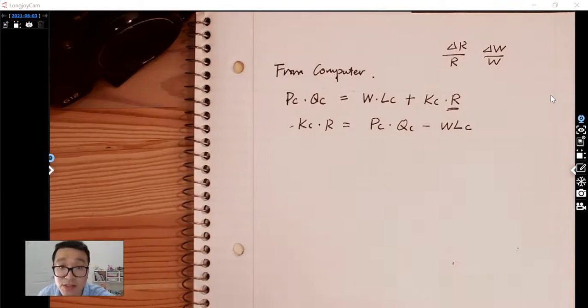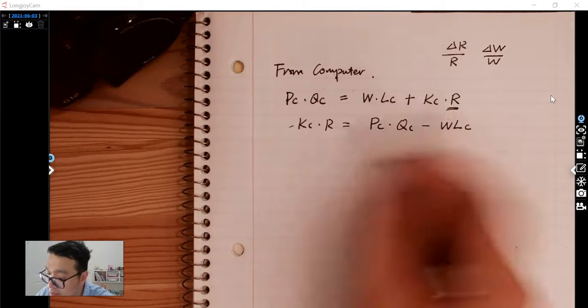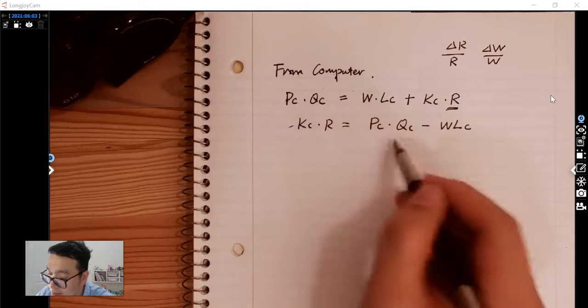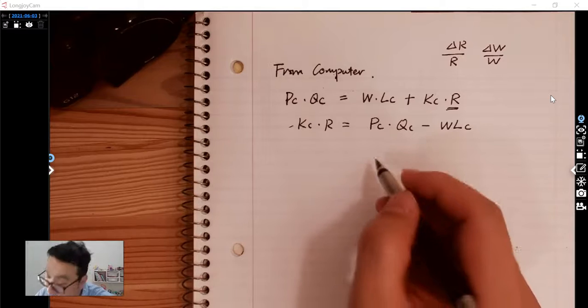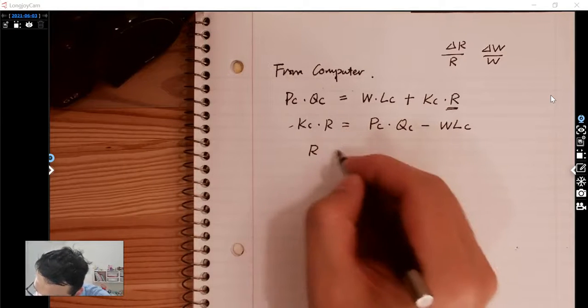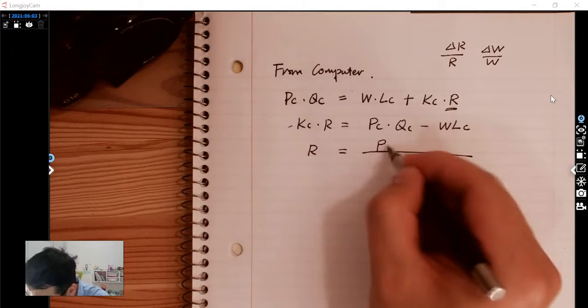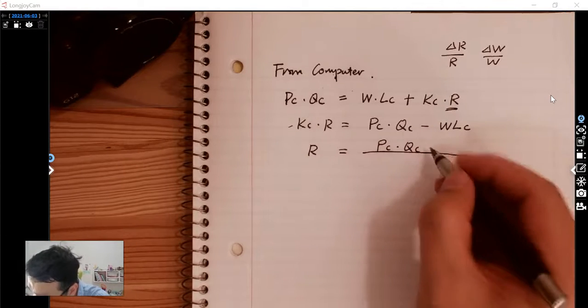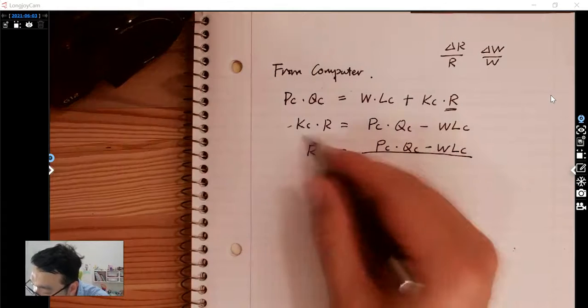So we got this equation. Basically we put KC times R on one side and the total revenue minus payment to the labor on the other side. Okay, so right now we try to single out this R. So R equals, we copy everything on the right-hand side, PC times QC minus W times LC, divided by KC.